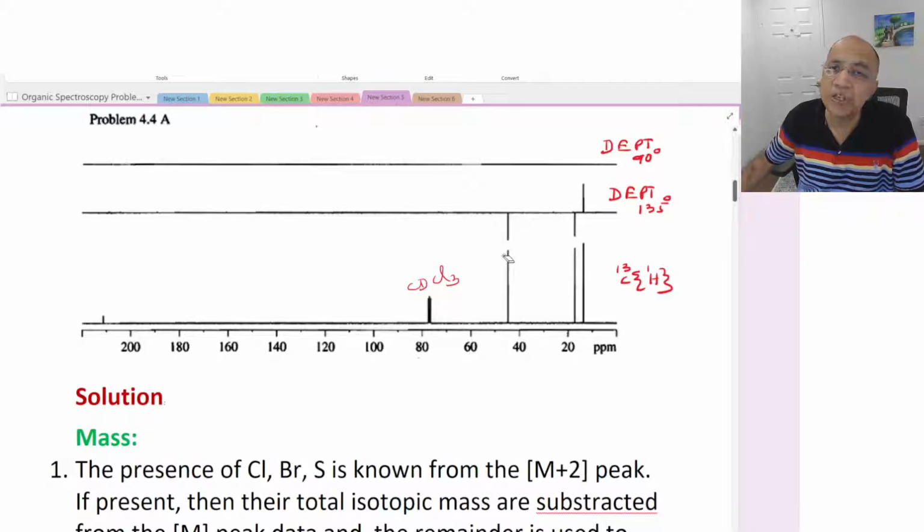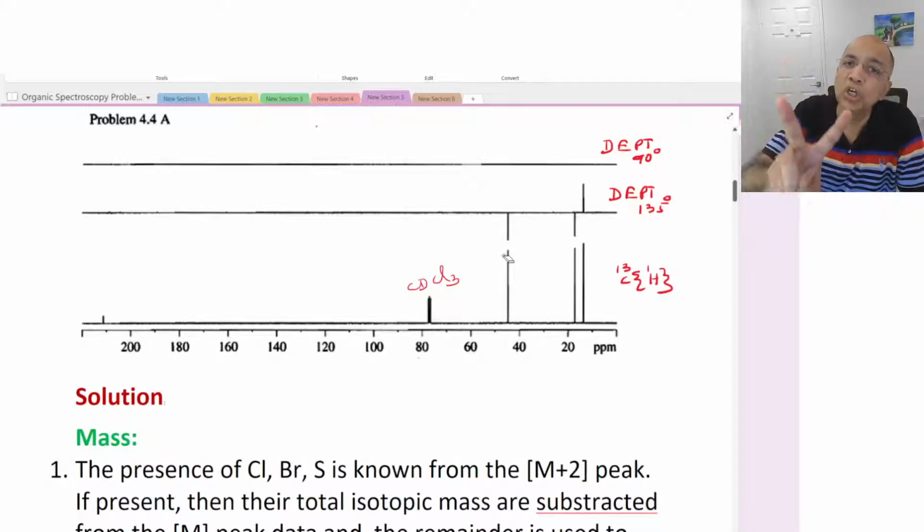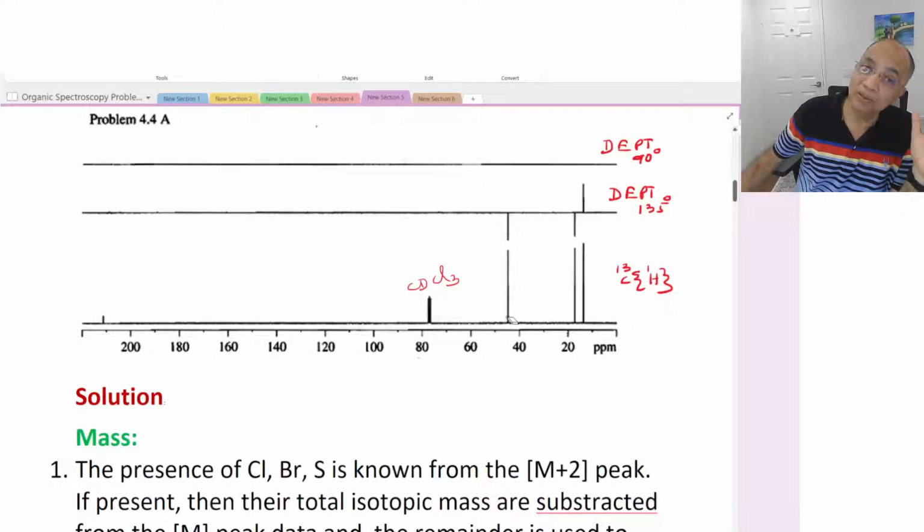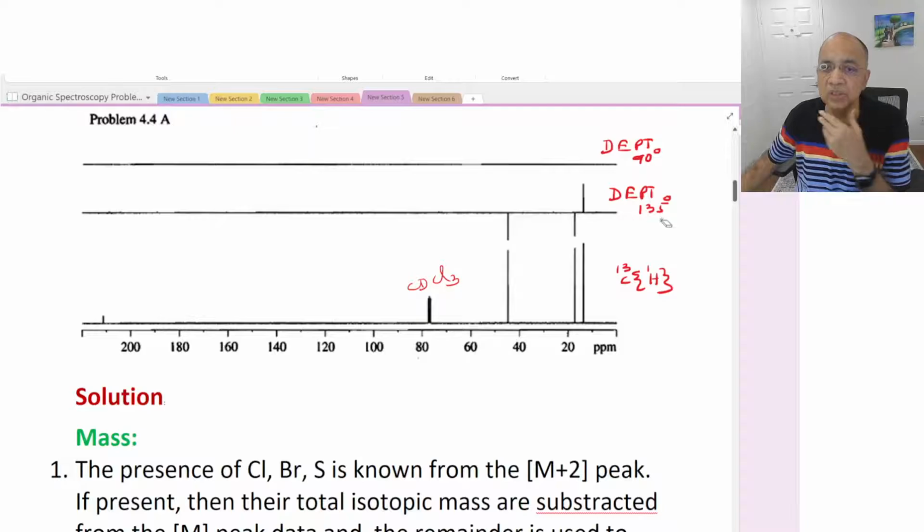So two negative signals indicate two non-equivalent methylene groups. Obviously, this is the middle methylene of the propyl group, and this is the other CH2 connected to the carbonyl group, that downfield CH2. That is indicated from DEPT-135. And the positive signals in DEPT-135 are due to the methyl.